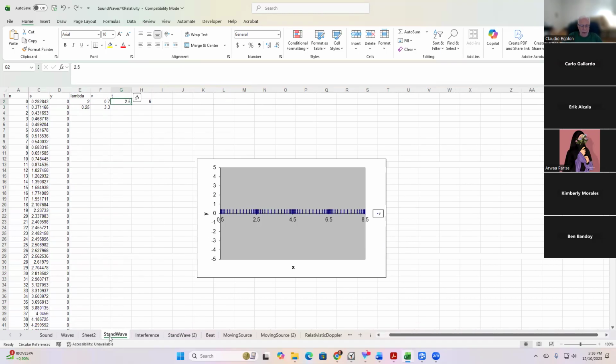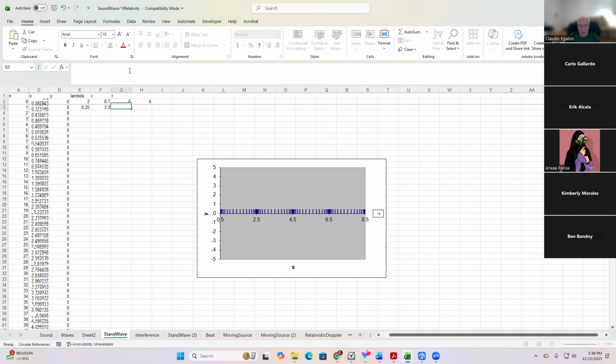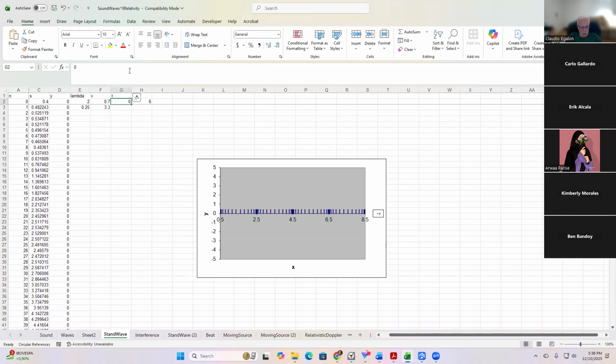And the same thing happens here with longitudinal waves. Let's take a look here. Let's see this one. 0, 0.5. Let's see. No, that's too much. 0.25. 0, 0.25.